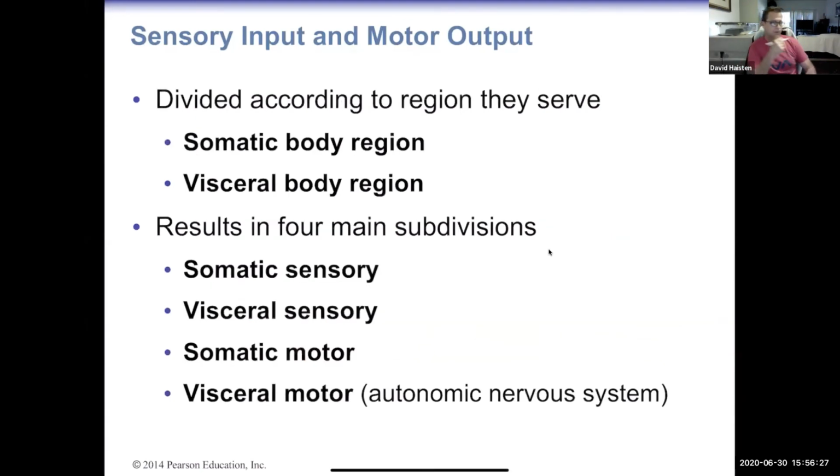All right. Because of these afferent and efferent signals, basically sensory signals versus motor signals, we can break up sensory input and motor output into divisions. Okay, so let's look at them.